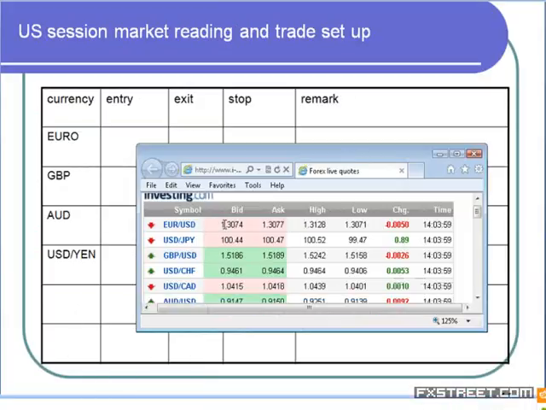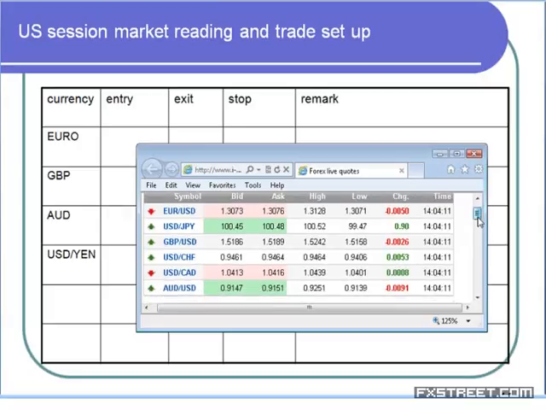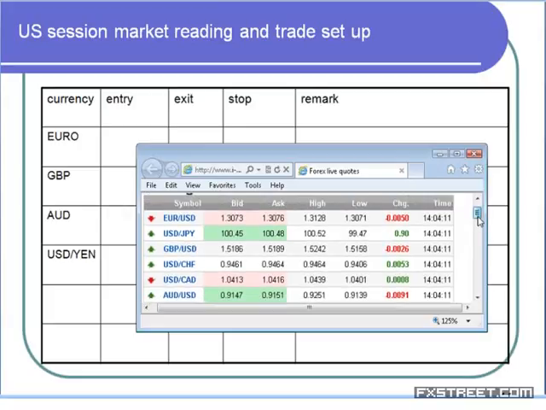Here you come across the euro showing a 50 pips negative net change, GBP showing a 26 pips negative net change, and the Australian dollar showing about a 91 pips negative net change, and the Australian dollar is closer to the new low they have formed.